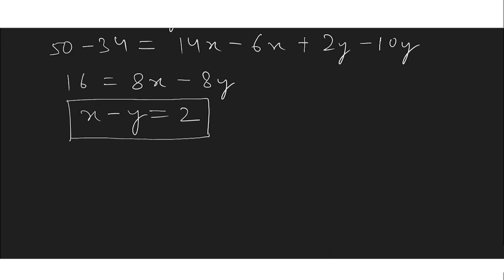For example, for x equal to 1, we have y equal to x minus 2, this implies that y is equal to 1 minus 2 equal to minus 1.